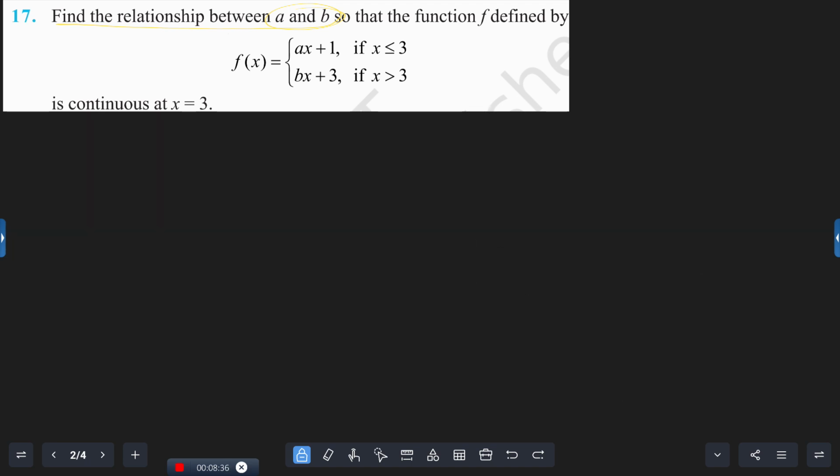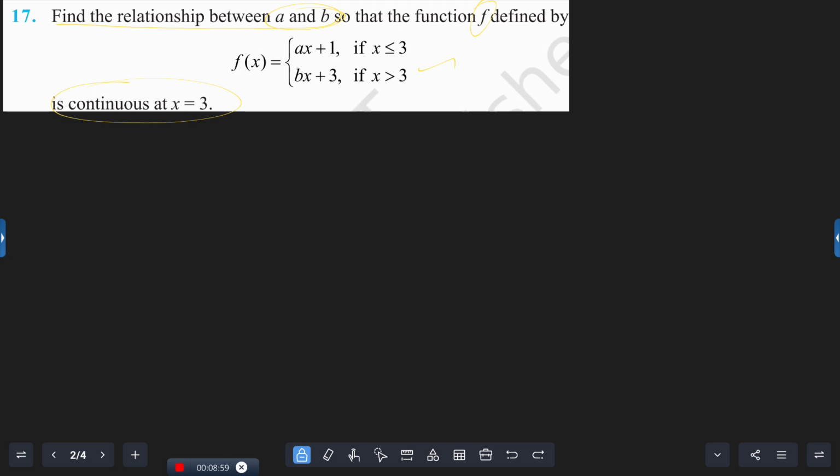Okay, find a relationship between A and B. So the function f defined, this is given, is continuous at 3. They didn't ask to check whether it is continuous at 3. They said the given function is continuous at 3. If a function is continuous at 3, what does it mean actually?